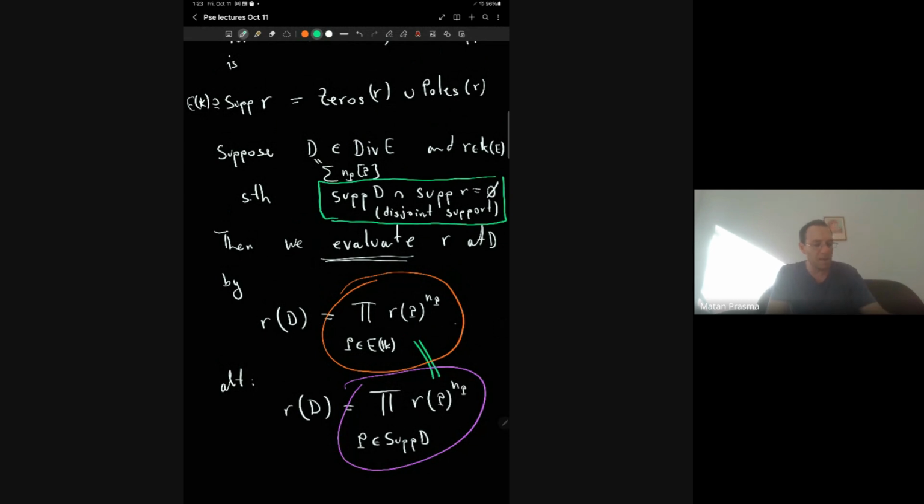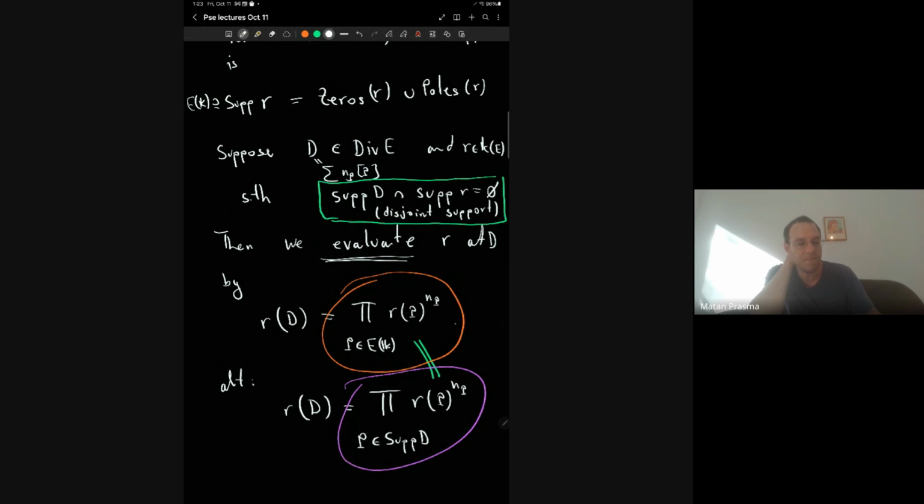Otherwise, if I don't have this condition, it could be that P is in the support of D, so it has some, let's say, positive coefficient, and P is a zero of R. If P is a zero of R, then R(P) is zero, and I don't know how to evaluate zero to some exponent.